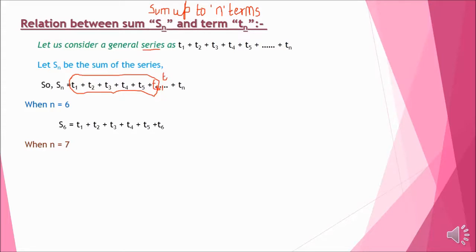Now S7 is equal to T1, T2, T3, T4, T5, T6, and T7.